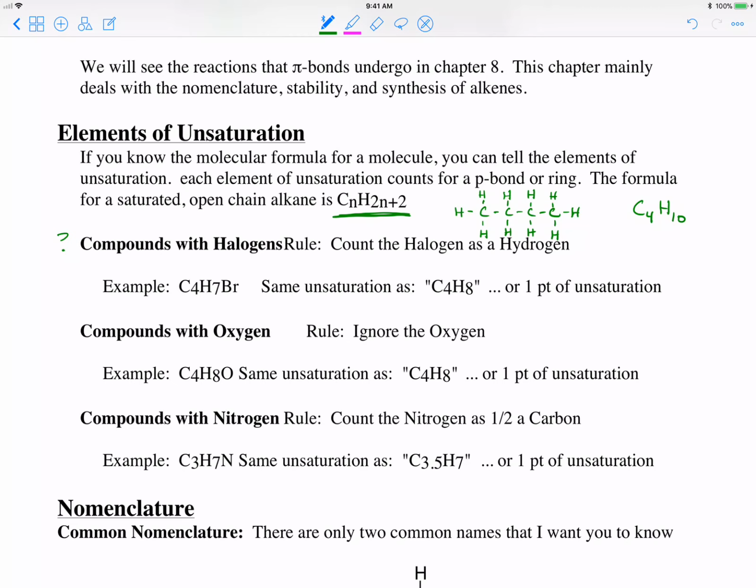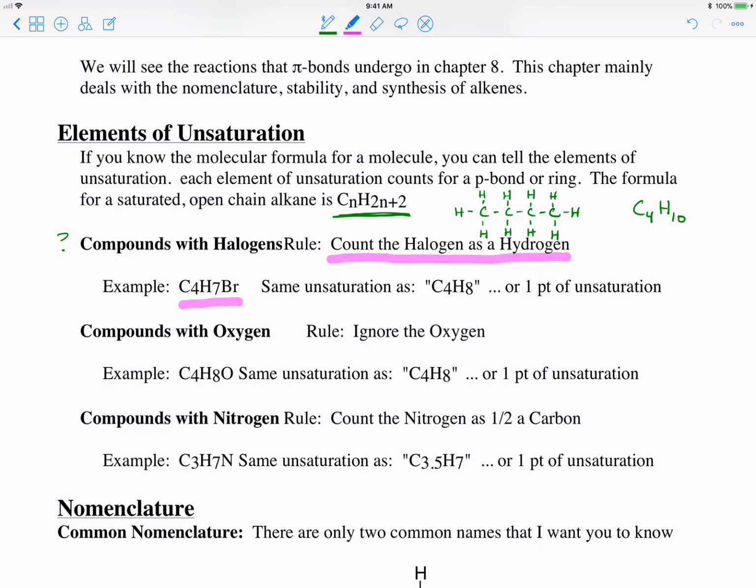What happens if a molecule has a halogen? Essentially, you count the halogen as if it was a hydrogen. In other words, hydrogens form 1 bond in these organic molecules, and halogens form 1 bond. So if you take a hydrogen off of butane and put a halogen in its place, you're going to have a formula something like C4H7Br.